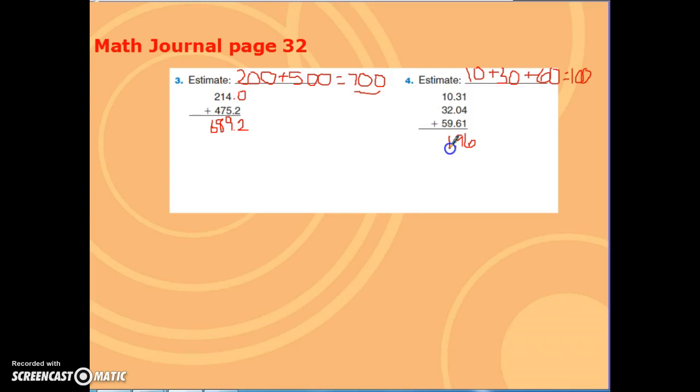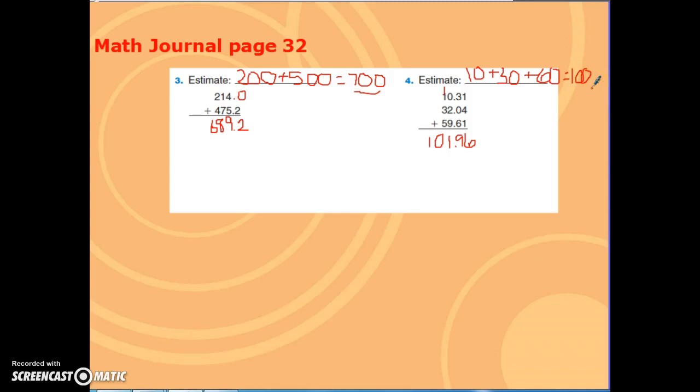Now since I have 11, I need to carry that 1 to my next column. So now I have 1 plus 1 is 2, plus 3 is 5, plus 5 is 10. This time, because I don't have another column, I will put the 10. I could also put the 1 over here and then bring it straight down. My answer is 101 and 96 hundredths, which is very close again to my estimate.